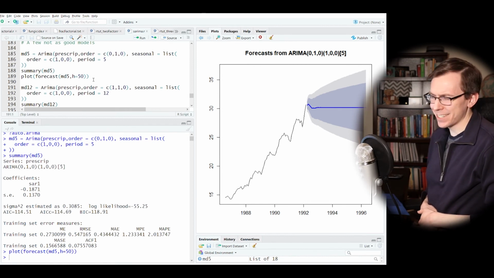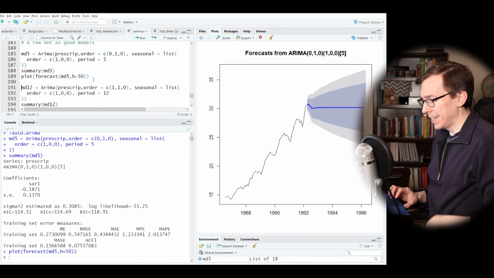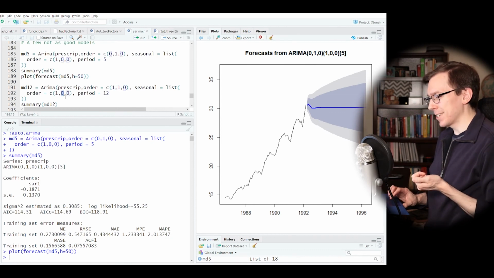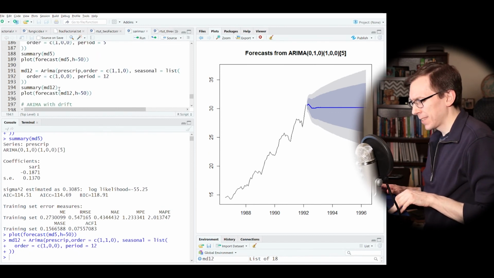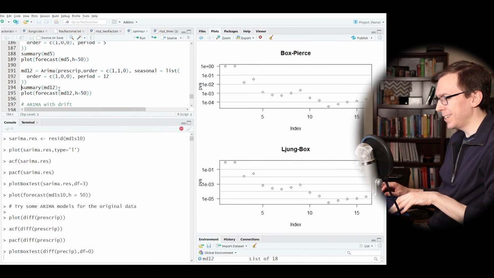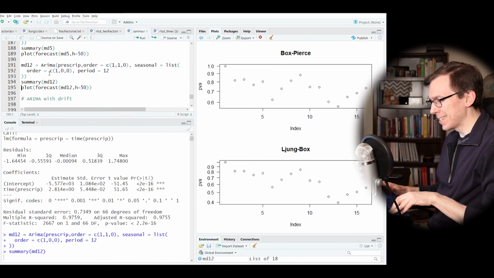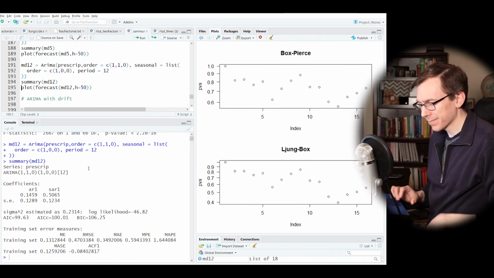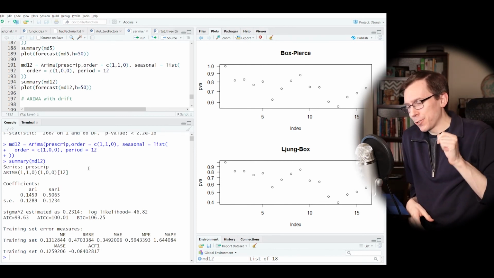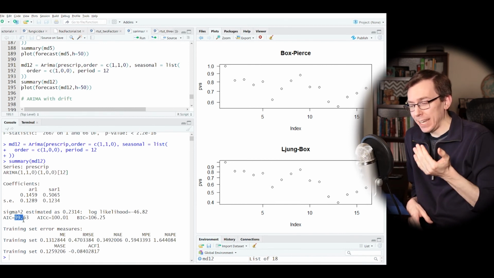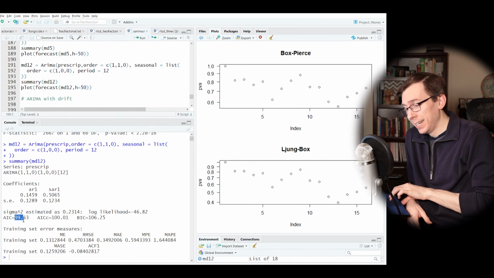So that's no good. But we could try an AR1 non-seasonal and seasonal. And what would that do? So if we try to include an AR1 piece, the AIC actually jumps up from 80 to close to 100. So that's actually doing much worse.